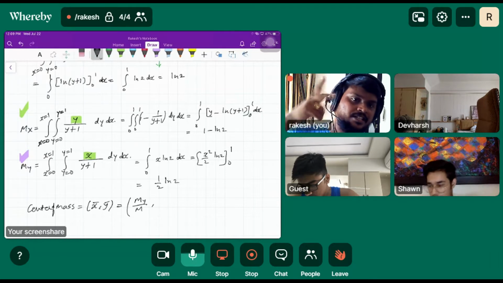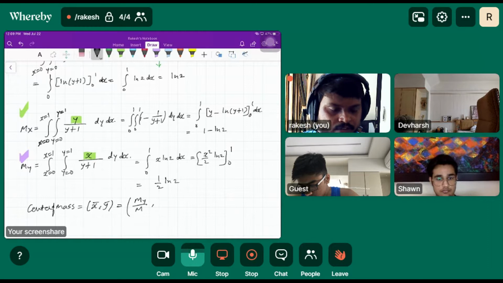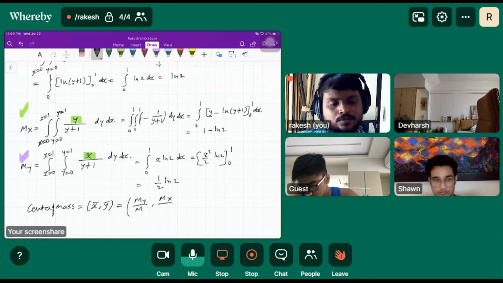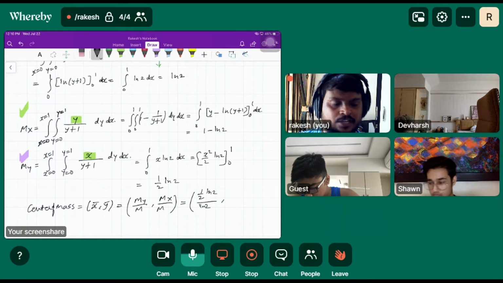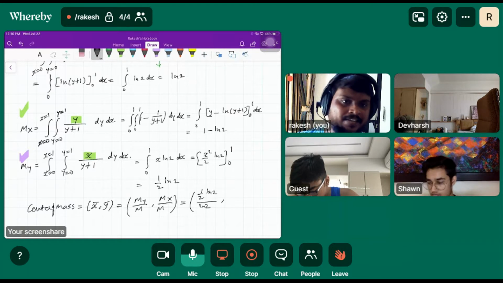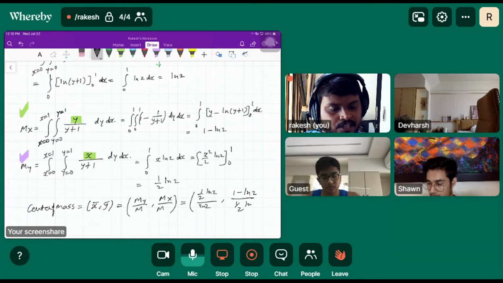You can make a relation like this for remembering purposes. So what is My? Half ln2 by ln2. The ln2 will cancel out, and we already proposed that the x coordinate would be half, right? And the y coordinate is 1 minus ln2 upon half ln2.